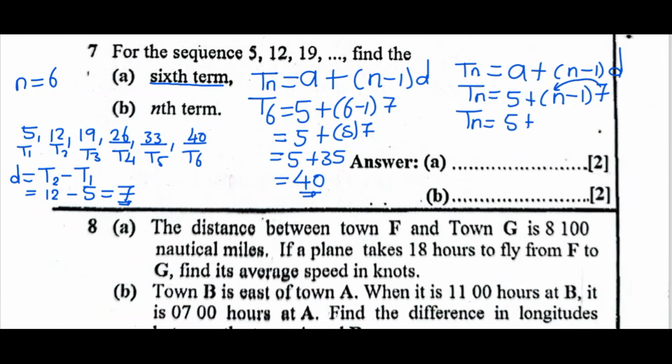So 7 times n, 7n. 7 times negative 1 is negative 7. So Tn is equal to 5 minus 7 plus 7n, which is our final answer. Tn is equal to negative 2 plus 7n.